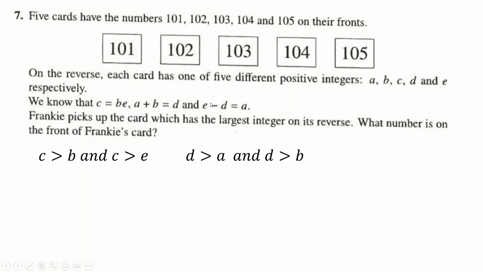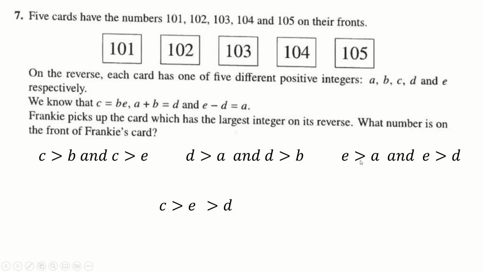And likewise here, you could rewrite this if you wanted to as A plus D equals E, and therefore say E is bigger than D and A. And now we look at these statements and we say, okay, C is bigger than B, and it's also bigger than E, but E is bigger than A. So we can come up with this sort of chain.